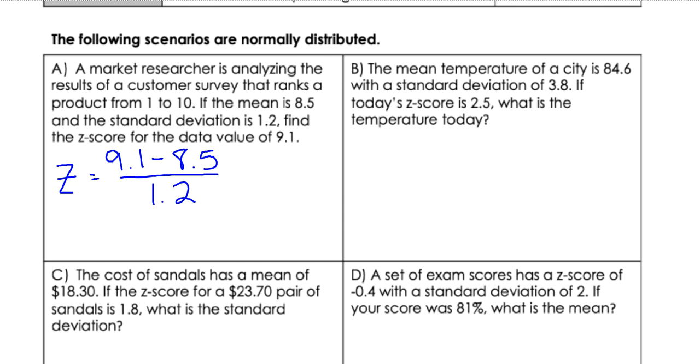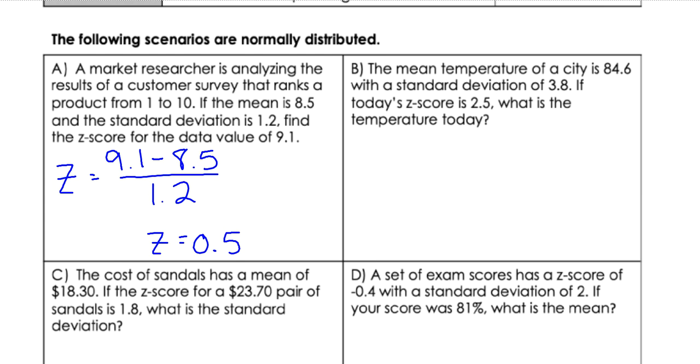So we just have to pull out the important pieces of information there. In this case, that puts our z-score at 0.5. So that means that it's half of a standard deviation away from the mean.